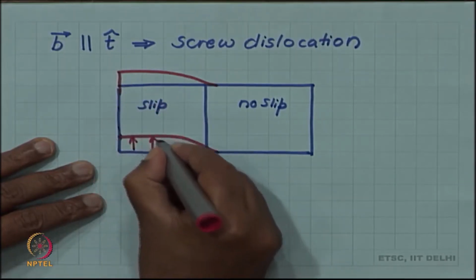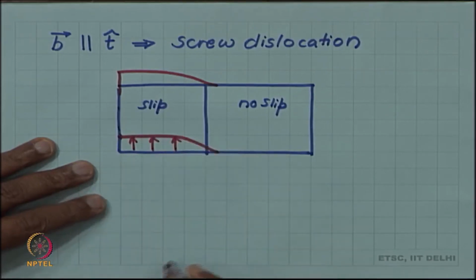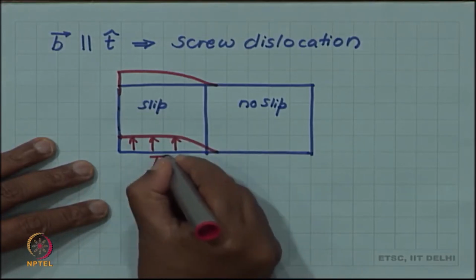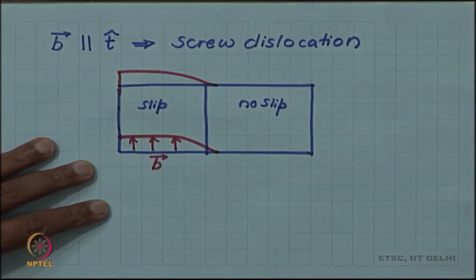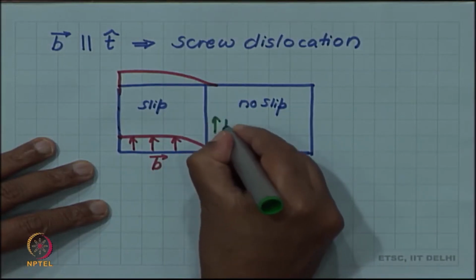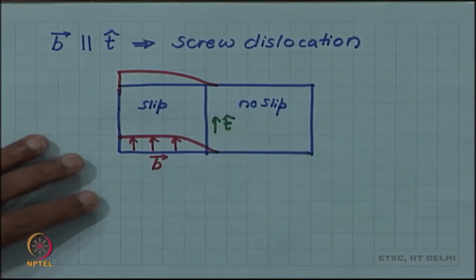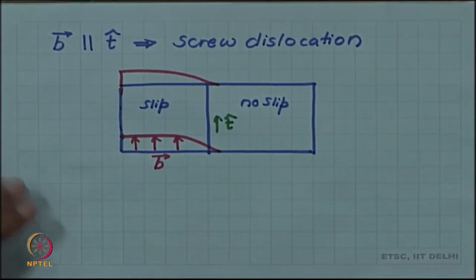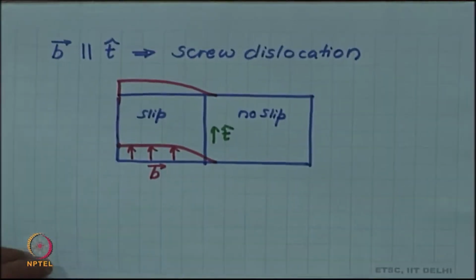Because now I have created a slip in this direction. So, the B is in this direction and T of course is in the same direction. So, in this case B and T are parallel. So, we call this a screw dislocation.